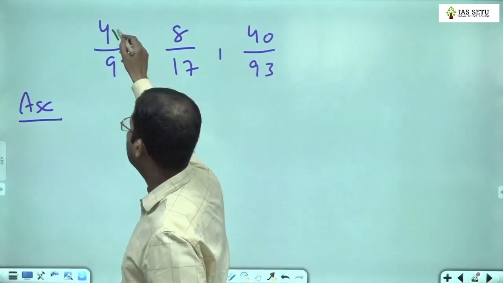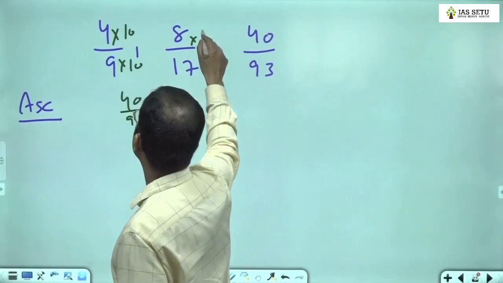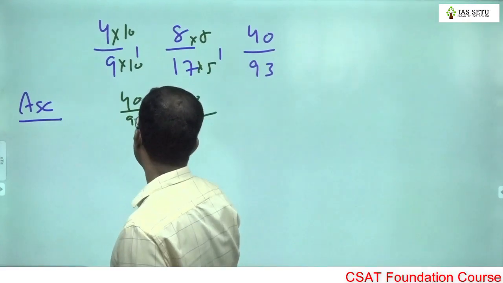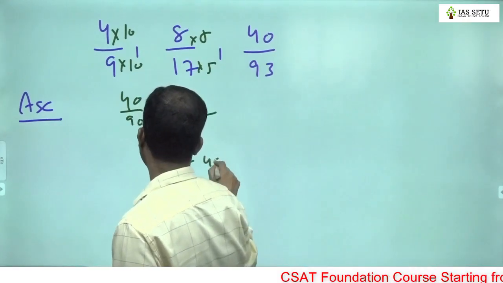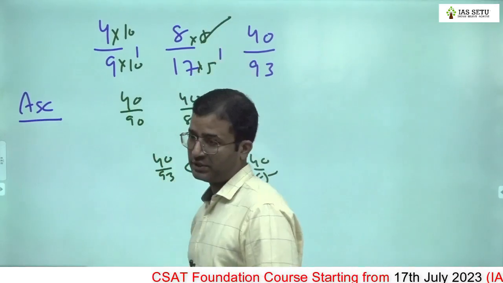See, we make it 40, into 10, into 10. This is 40 by 90, into 5, into 5, 40 upon 85. So 40 by 93 is the smallest, then 40 by 90, then 40 by 85 is the largest.